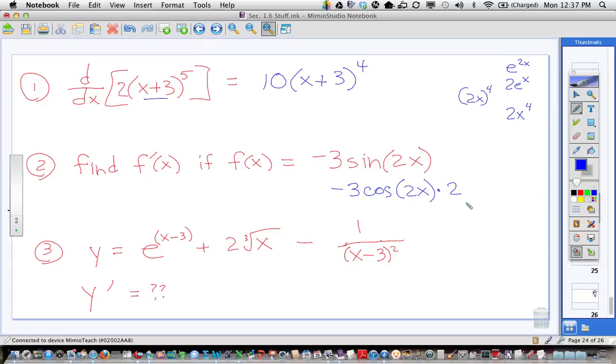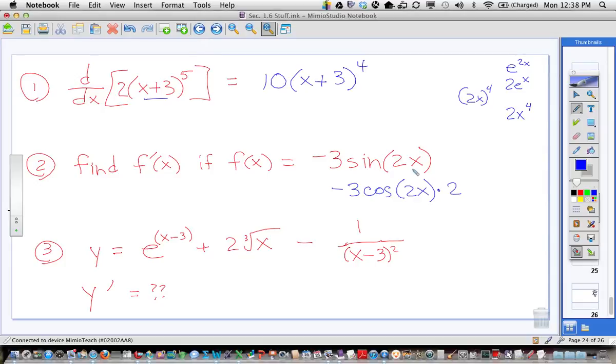And since it compresses the graph, and to be honest, you don't have to memorize the compressing. You should know that, but 2 on the inside compresses the graph horizontally. It's going to make all the slopes steeper by a factor of 2. So therefore, we have to get outputs from f prime that are twice as big, so we need a 2 kicked out to the outside. The 2 stays on the inside also because we always leave the inside alone, okay, like there, okay?